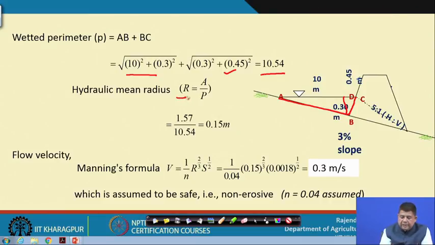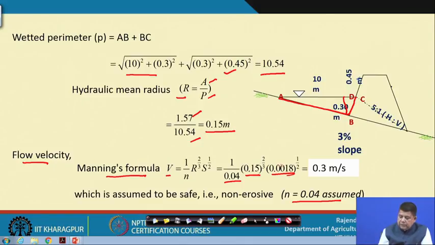So, hydraulic radius is A by P, A we have calculated, P we have calculated, that comes out to be 0.15 meters. And then obviously, for flow velocity we have to use Manning's formula, which is 1 by n R to the power 2 by 3 S to the power half. So, 1 by n value we normally assume as 0.05. That is what is being assumed, and this is 0.15, and the grade of the channel is given as 0.018.